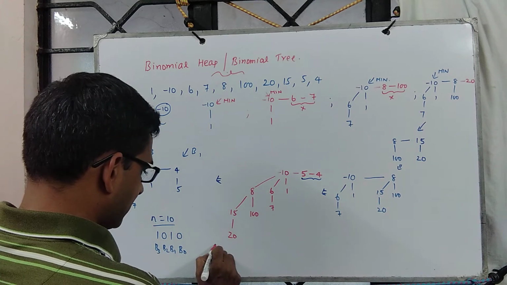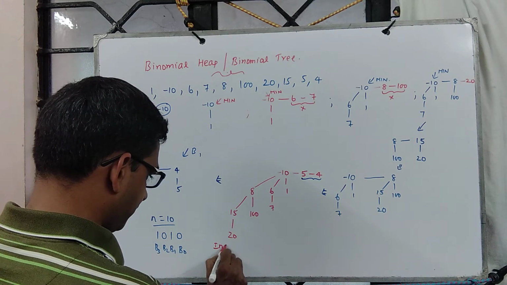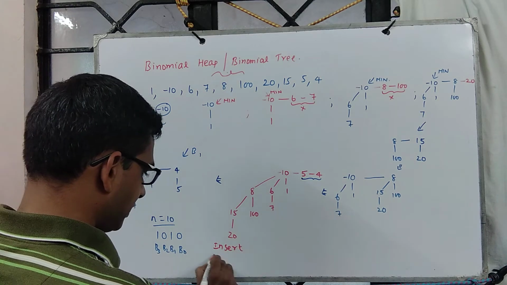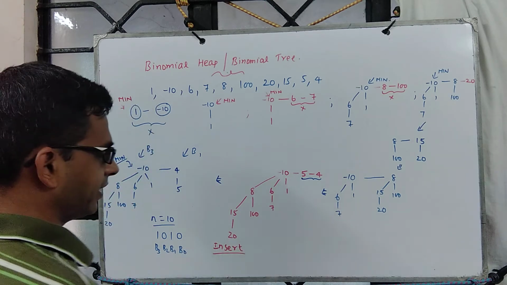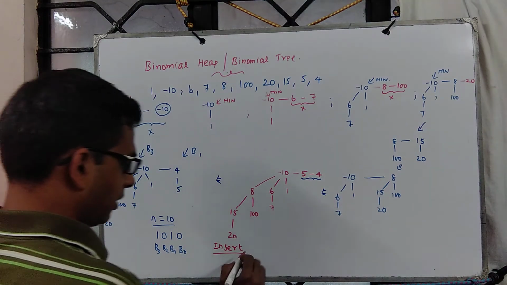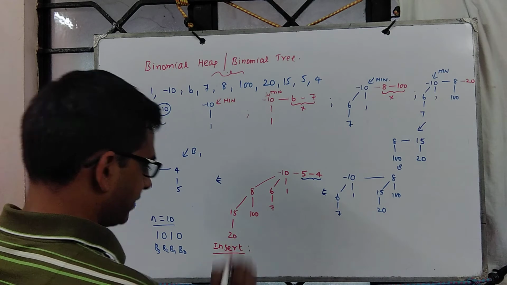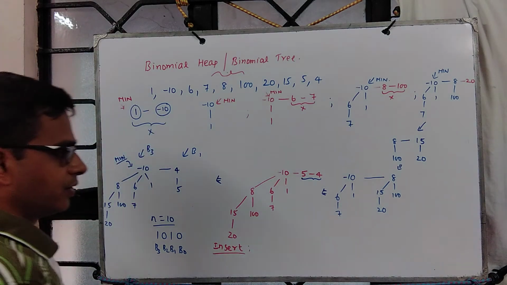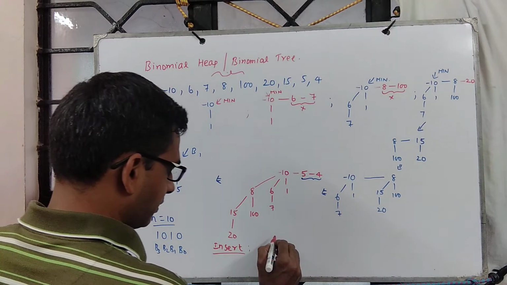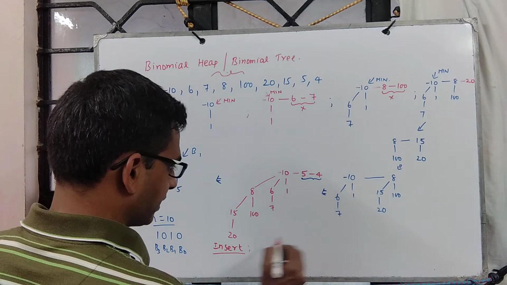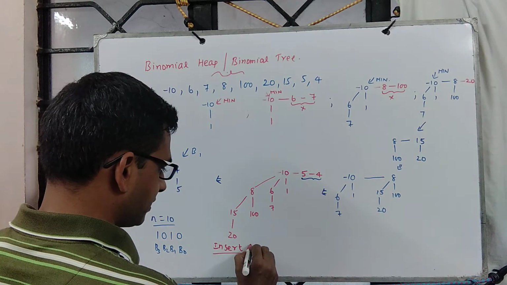Now what would be the cost of insert? Build is essentially a sequence of n inserts, right? Now what is the cost of insert? Imagine the worst case scenario. What is the best case?